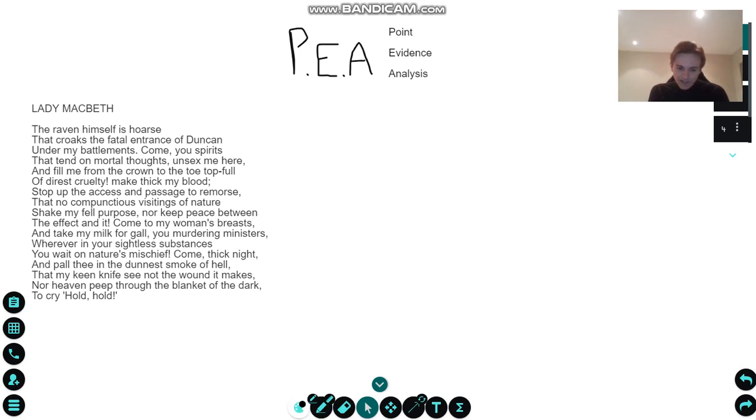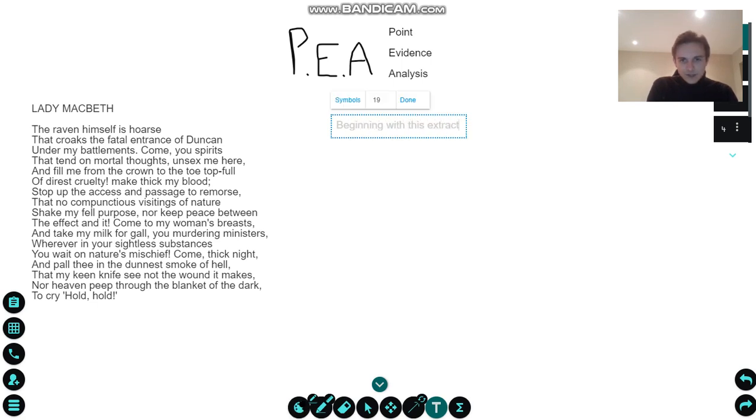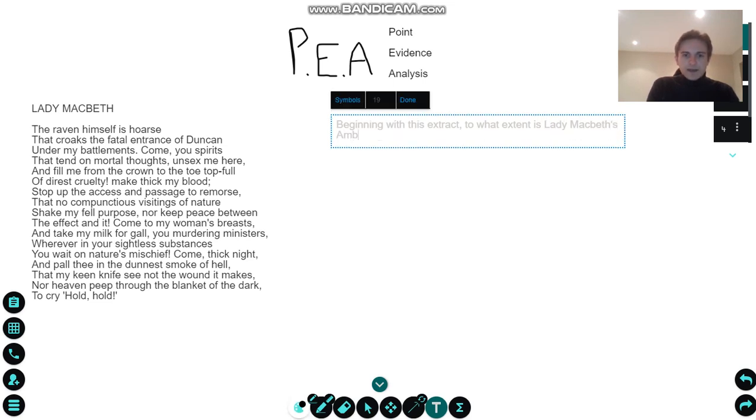But in an exam situation, you would be given an extract like this, and you would be given a selection of prompts to choose from. So what we could do is focus on a prompt here. So I could say, beginning with this extract, to what extent is Lady Macbeth's ambition the driving force of the play?